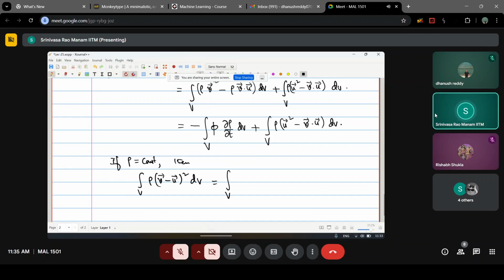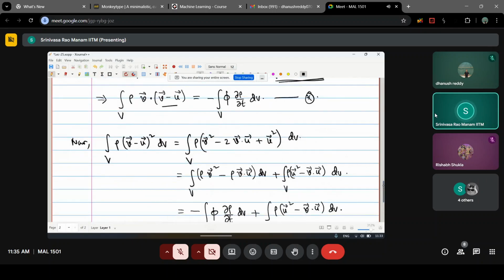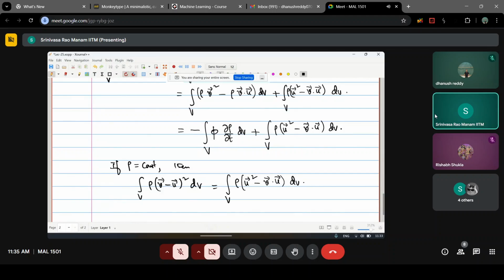This is integral over V of rho times u bar square minus v bar dot u bar dV, right? But if rho is constant, this itself is 0, from star. So here actually we replaced from star.